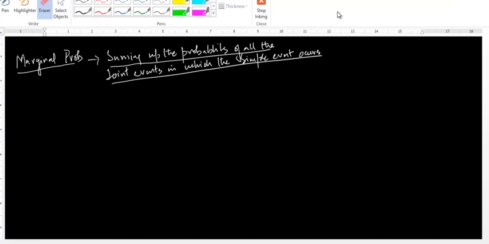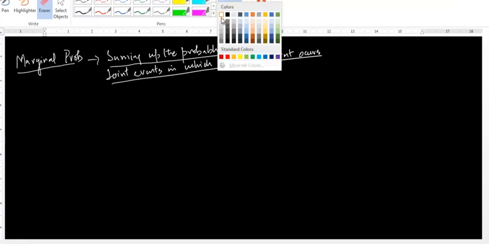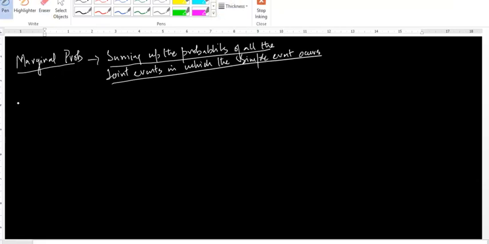So now let me write it up for you. Now the first one, the type of probability. The first one is marginal probability, the second one is joint, and the third one is conditional.